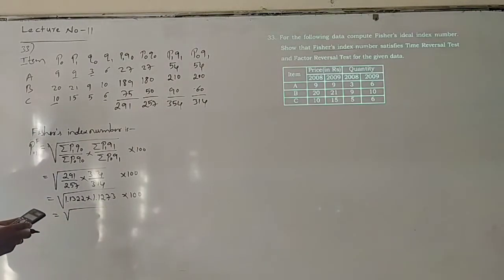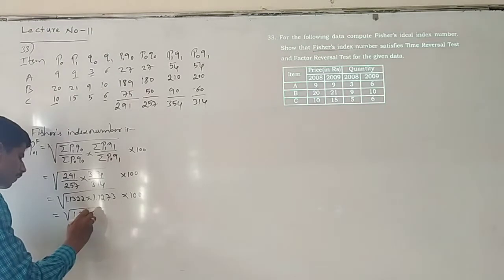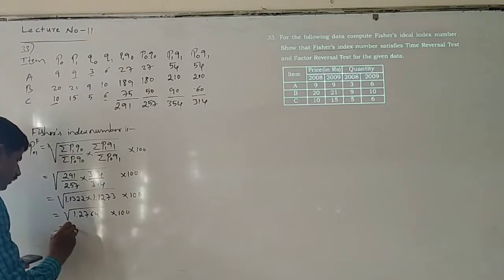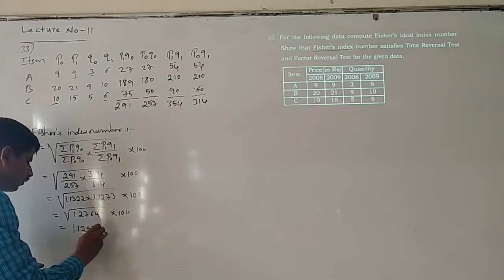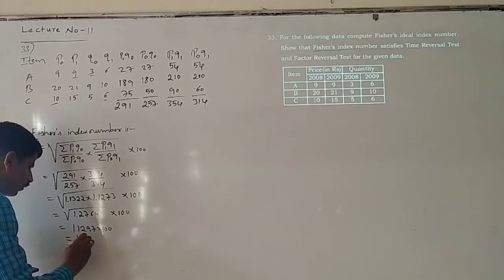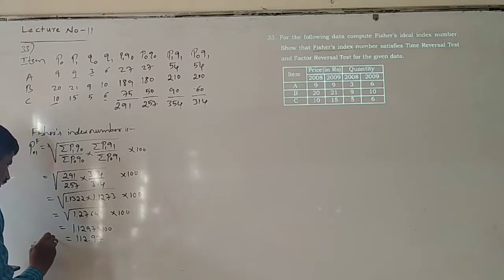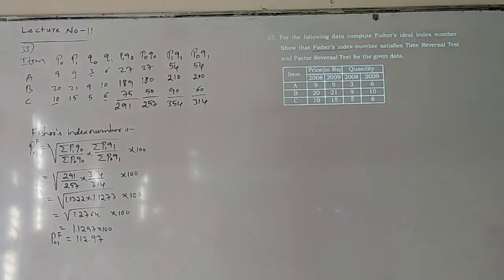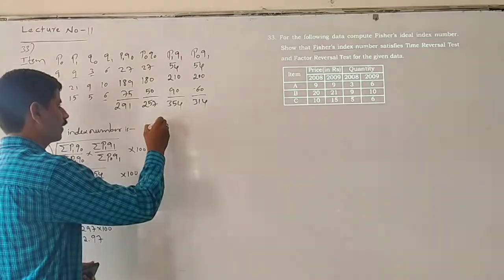Under root of 1.1322 into 1.1273, which is 1.2764. Under root of this is 1.1297, into 100 is 112.97. It is Fisher's price index number. Here Fisher's price index number is 112.97.